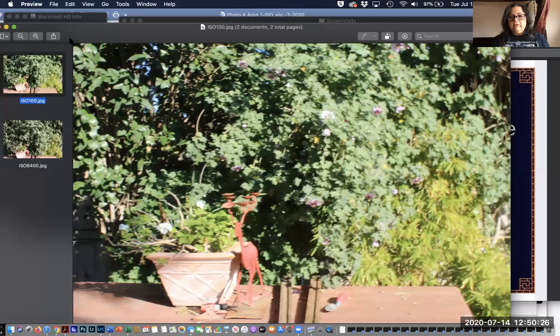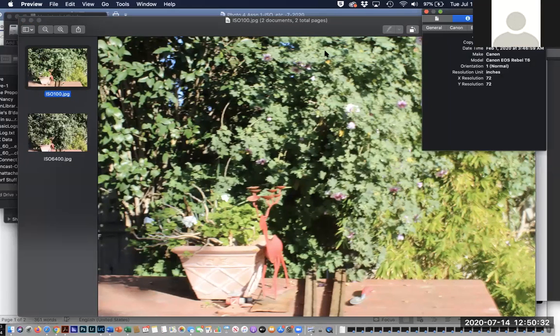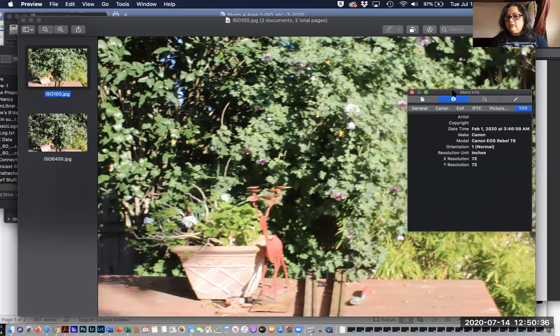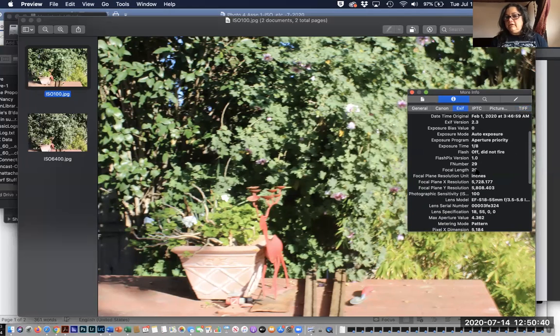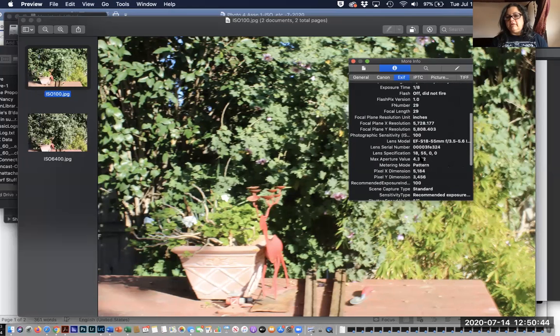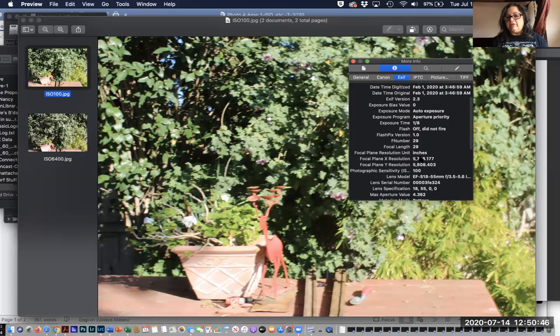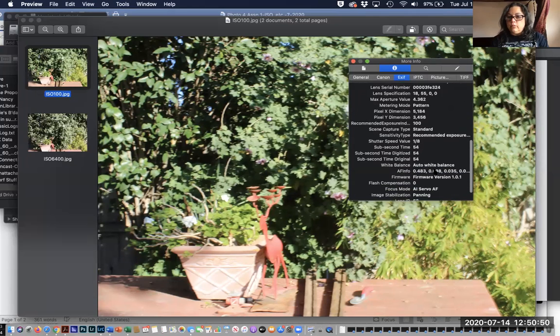Okay, so this image was shot with the ISO set to 100. And can you see I brought up the information on this image? I have a separate little window open. Okay, good. So I can tell what the settings were.